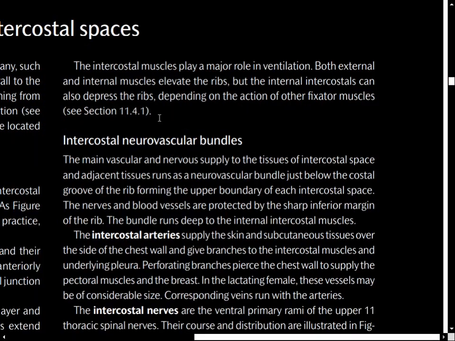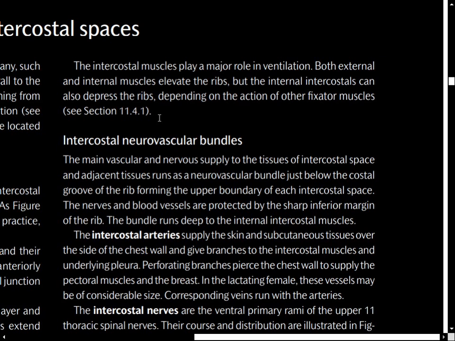The intercostal muscles play a major role in ventilation. Both external and internal muscles elevate the ribs, but the internal intercostals can also depress the ribs, depending on the action of other fixator muscles.